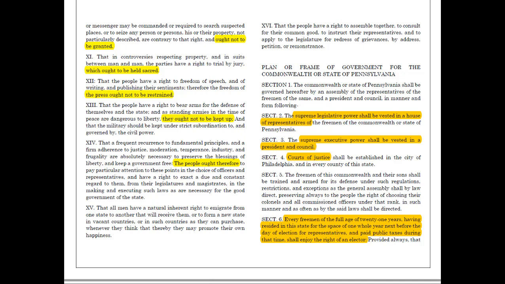the freemen of the Commonwealth or state of Pennsylvania. Section 3 says, the supreme executive power shall be vested in a president and council. And Section 4 says, courts of justice shall be established in the city of Philadelphia and in every county of the state. And you can see the difference in that phrasing, that they've got one foot in, one foot out of moving to this new trilogy.